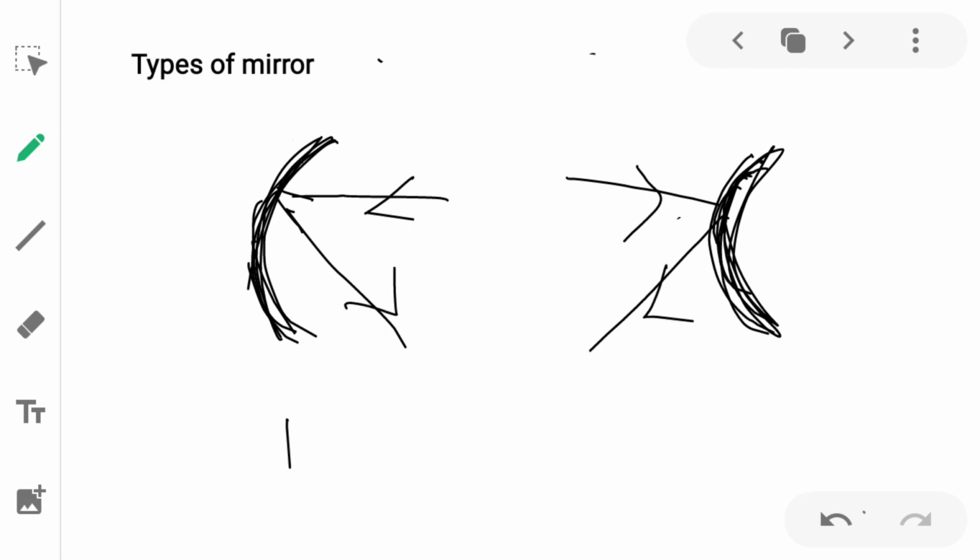The first one is called a concave mirror, where the inner side of the mirror is reflecting. The second one is called a convex mirror, where the outer surface of the watch glass is reflecting.